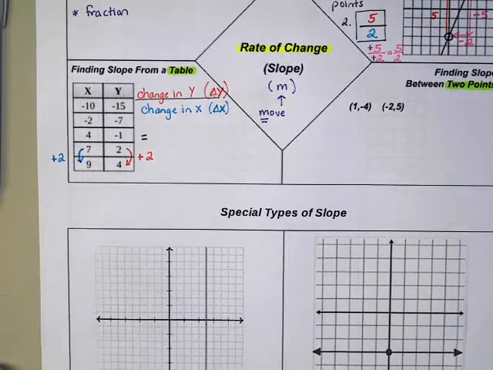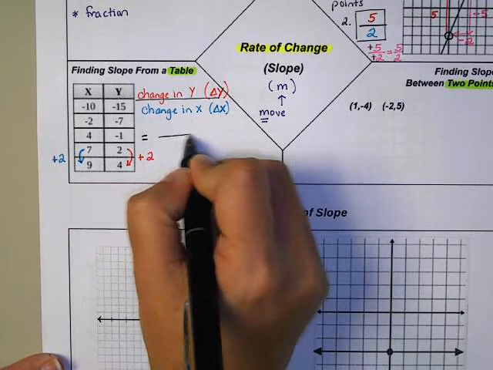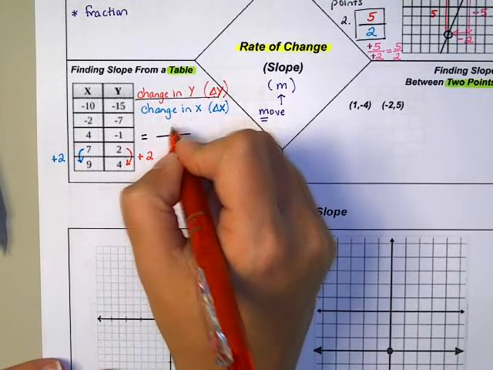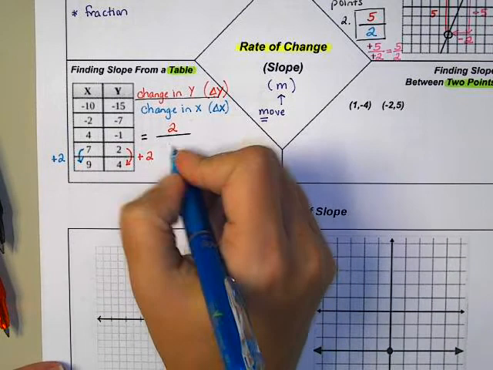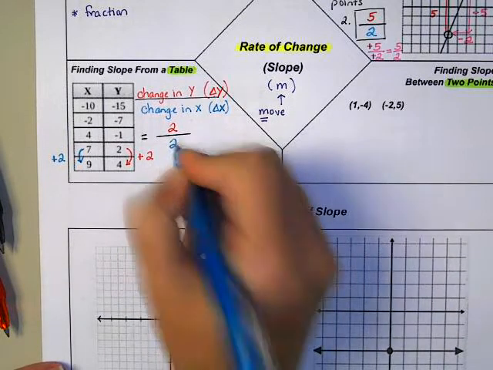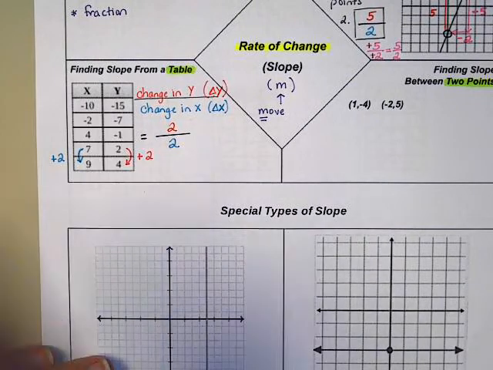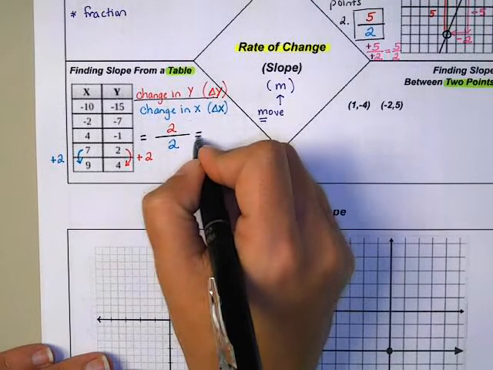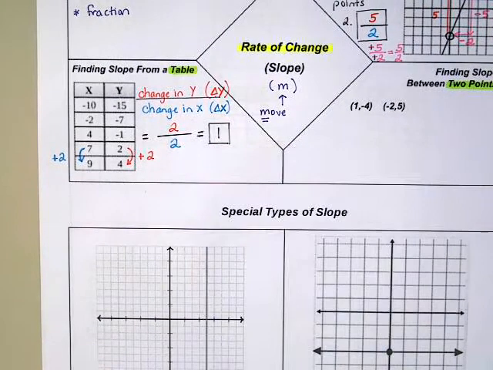I added 2, I added 2. In order to find my slope fraction now, I put the change in the y, which is a 2, divided by the change in the x, which is a 2. And this time, when I look at this answer, 2 divided by 2 does simplify nicely to just 1. So that would be my final answer.